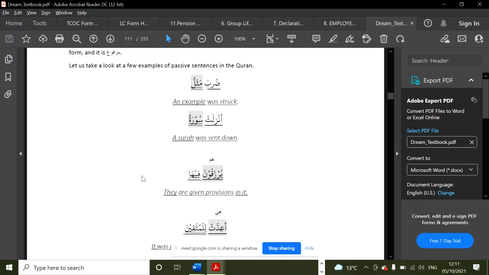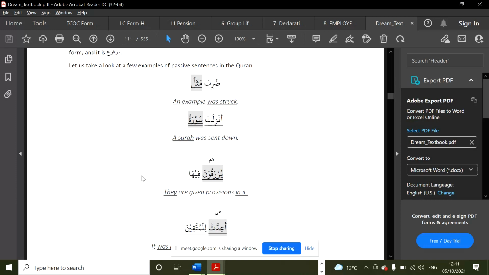A surah was sent down. If it was active, how would you say that? Anzalat suratun, a surah sent down.